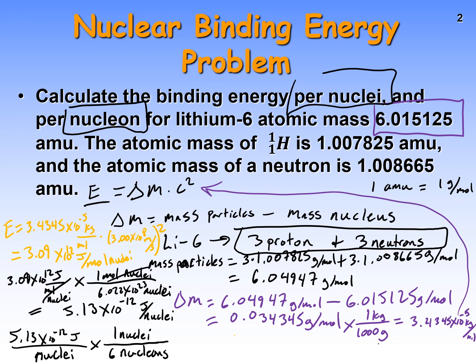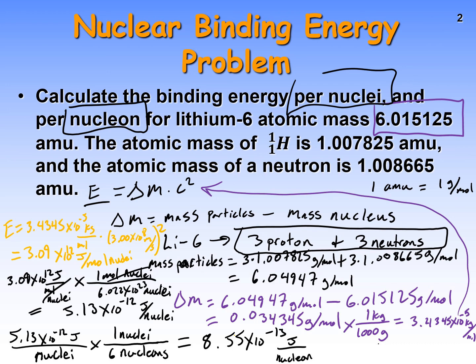This number will change based on the element that we're talking about and how many protons and neutrons are in the nucleus. And this will give me my final answer here for this problem, which is 8.55 times 10 to the negative 13 joules per nucleon.